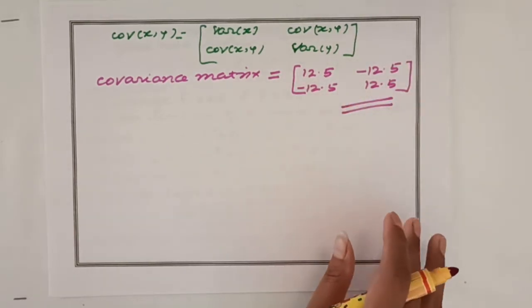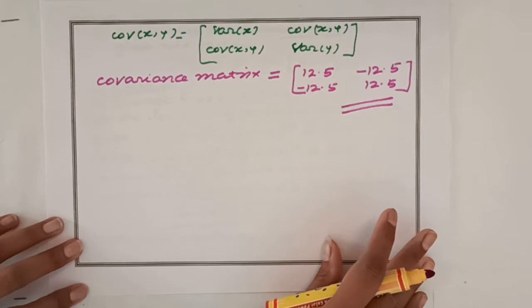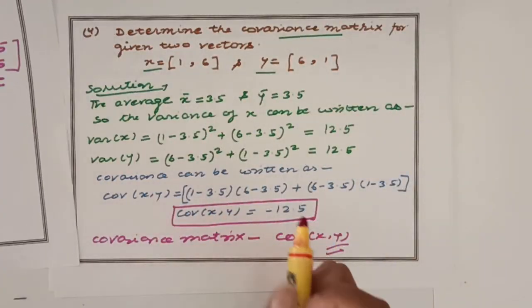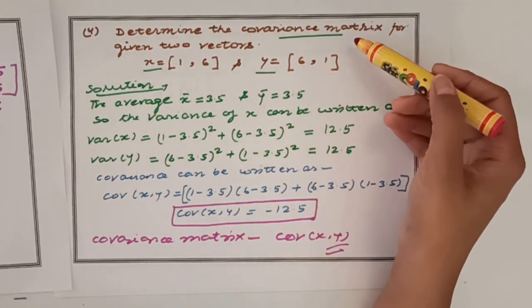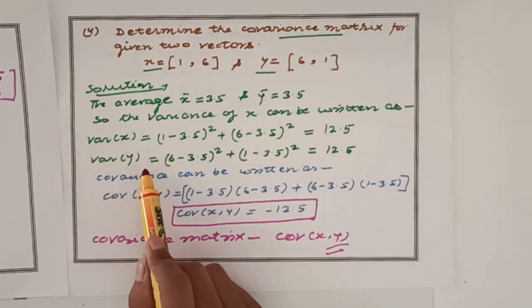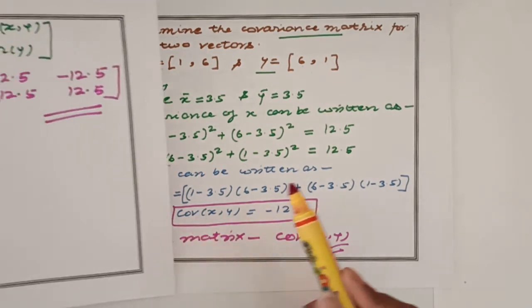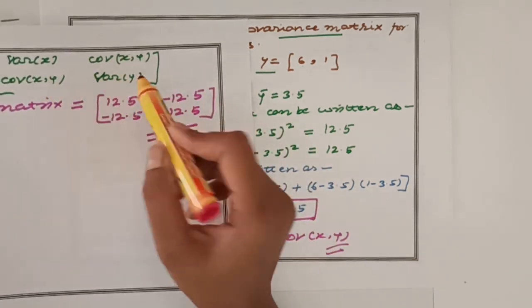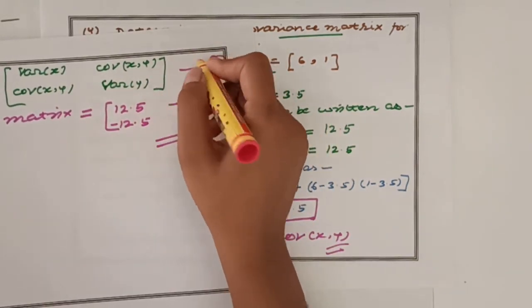So this is the way to calculate the covariance matrix. So in this question, you have to calculate covariance matrix. So first you have calculated variance of x, y, then covariance, and finally you have substituted all the values into this equation.